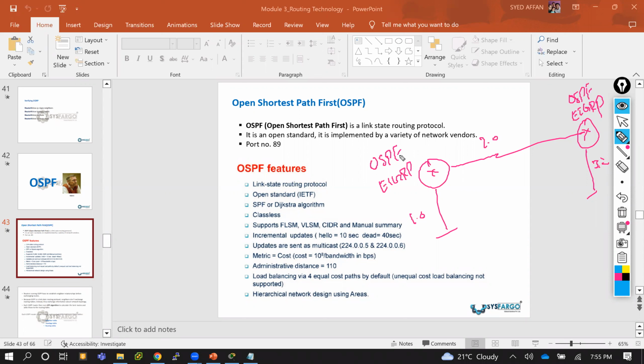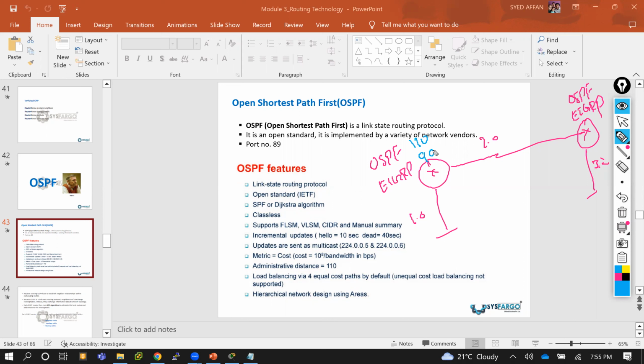The AD value of OSPF is 110. The AD value of EIGRP is 90. Which is the lowest number? So it uses the EIGRP protocol. That is what the AD value is, administrative distance. Suppose you are running multiple protocols on both ends, it has to be decided which protocol is used to communicate.